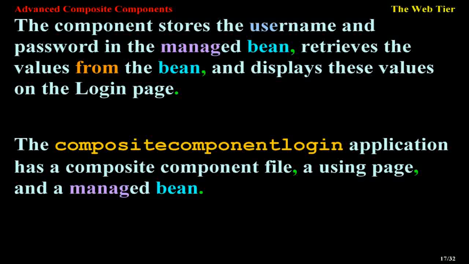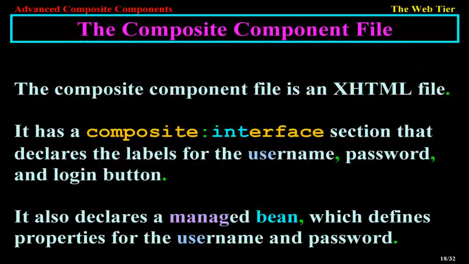The application has a composite component file, a using page, and a managed bean. The composite component file is an XHTML file. It has a composite interface section that declares the labels for the username, password, and login button. It also declares a managed bean, which defines properties for the username and password.